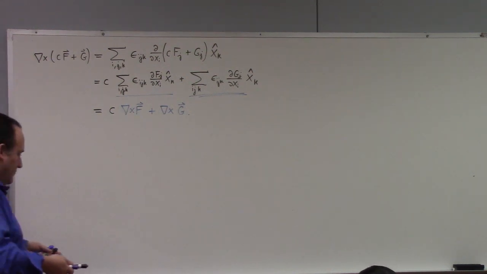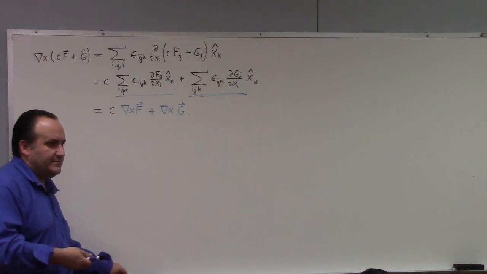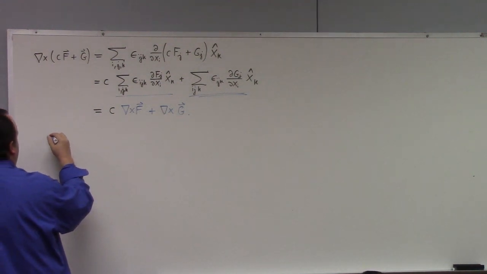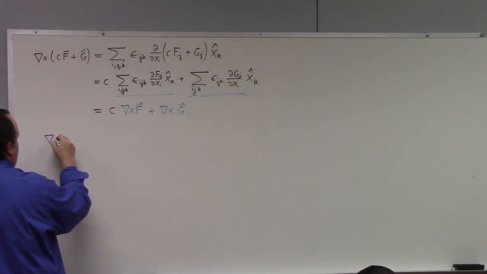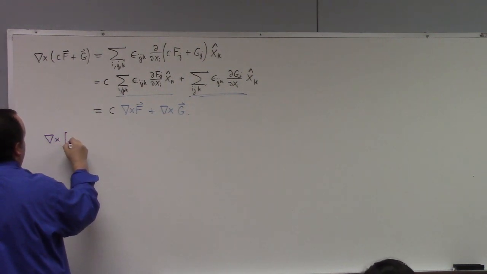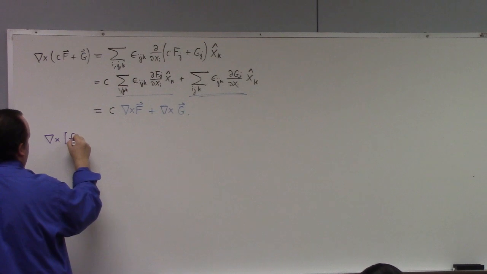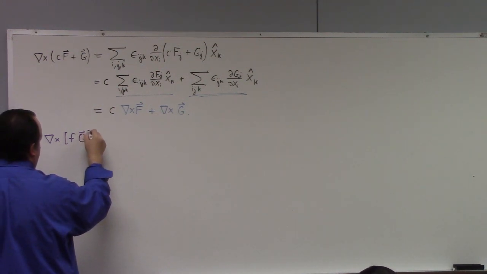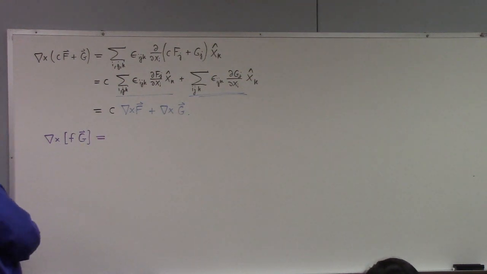No. But should you? Yeah. It would make it way easier, right? Especially if it's something like I'm about to do. How about the curl of a function times a vector field? I'll use G. How's that go?